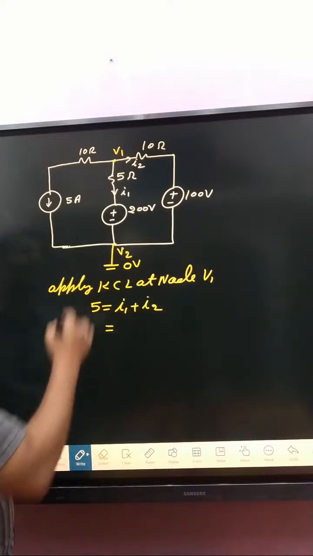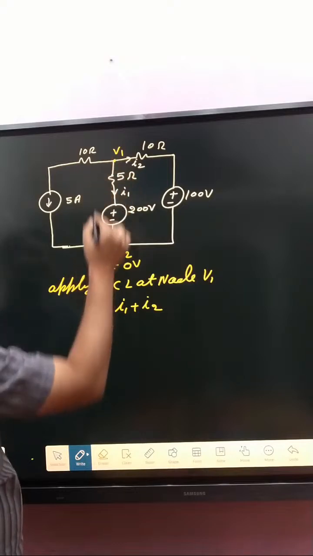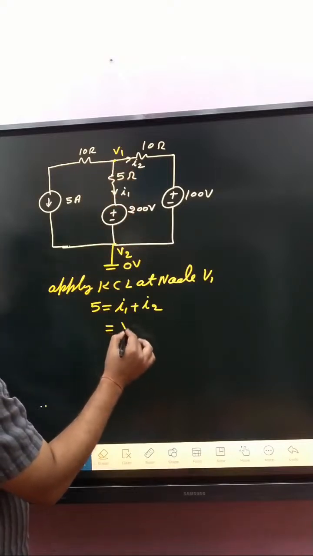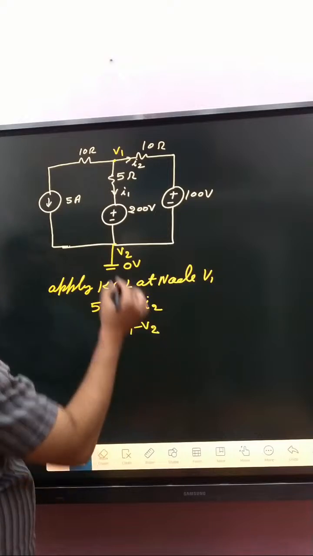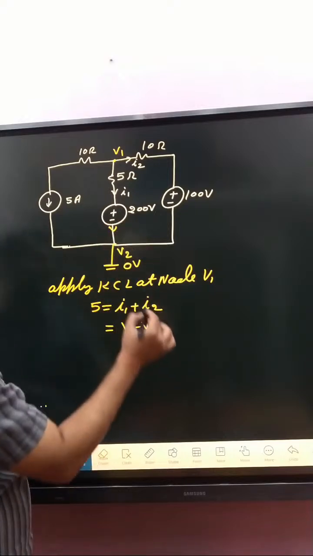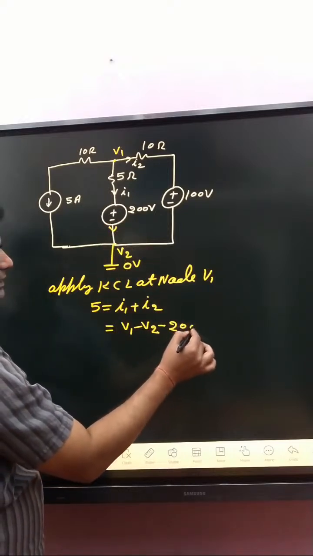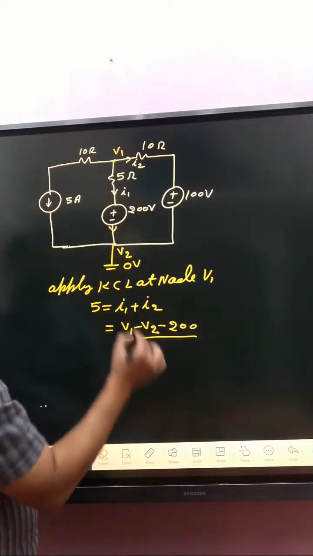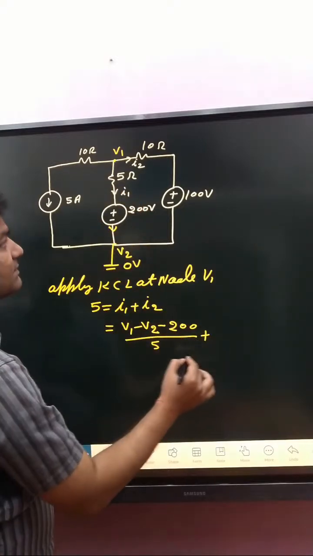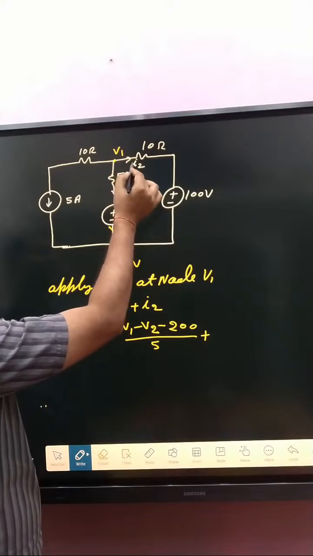What about I1? I have already discussed, I1 is V1 minus V2, current leaves from the negative terminal, so minus 200, divided by 5, plus, now again, what about I2?